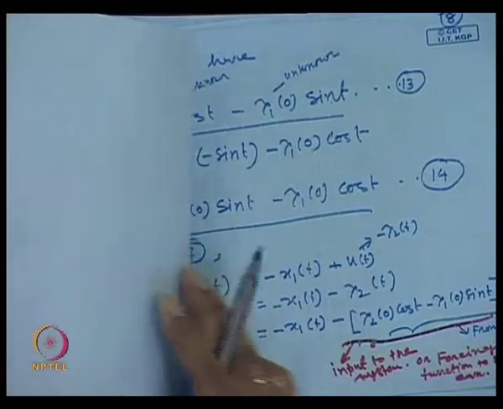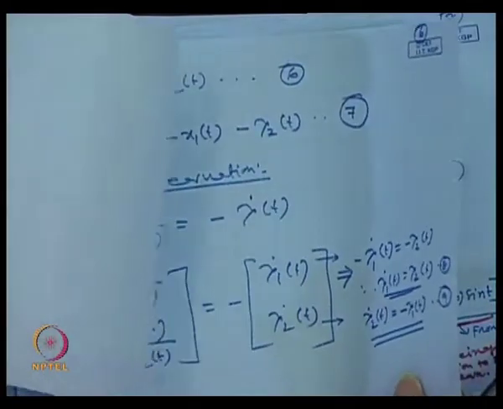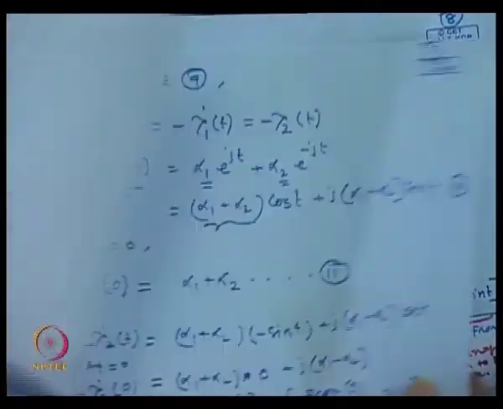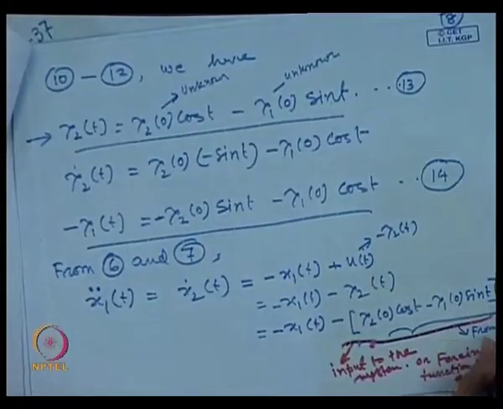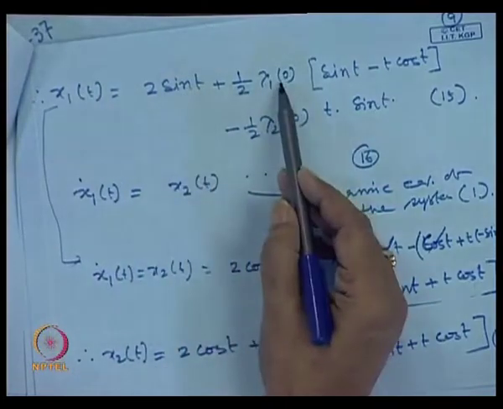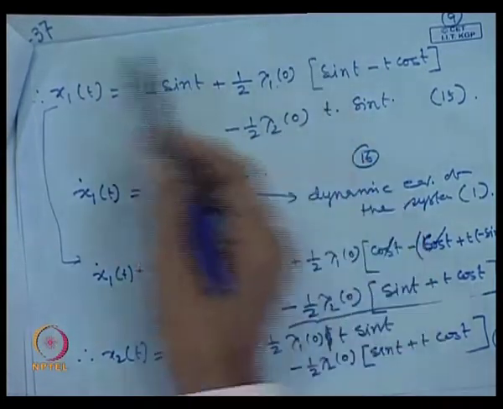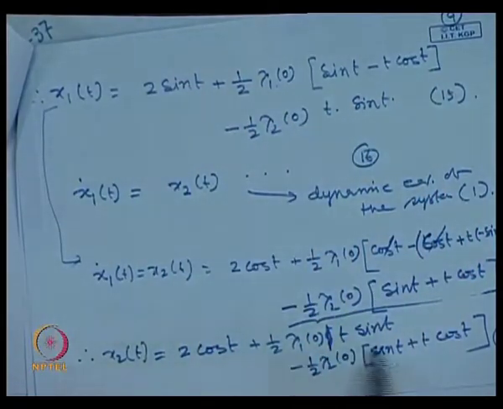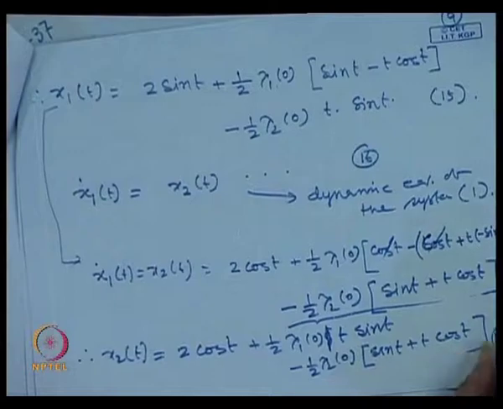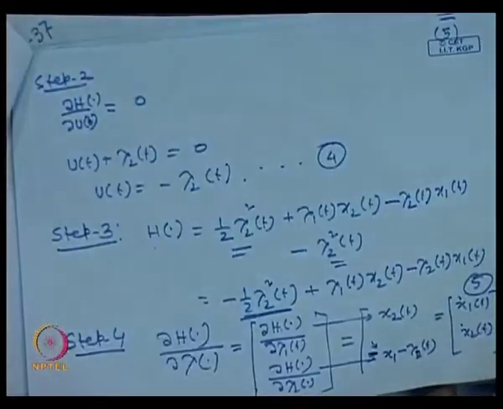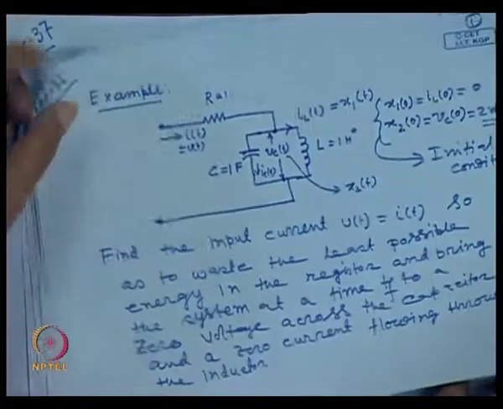Once you know u(t), we can get the response for the optimal trajectory for x1(t), x2(t). I know lambda1(0), lambda2(0), so I know the x1(t) trajectory. Similarly, putting these values, I know the response of x2(t).